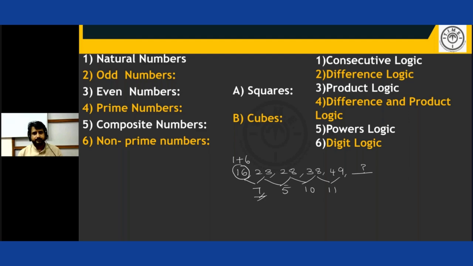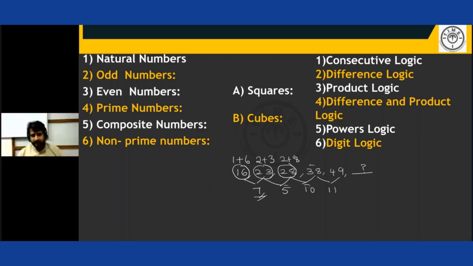And here the difference is 5, which is the sum of the digits in the number 23. 2 plus 3 is equal to 5. And here the difference is 10, which is 2 plus 8. In the number 28, the digits are 2 and 8.